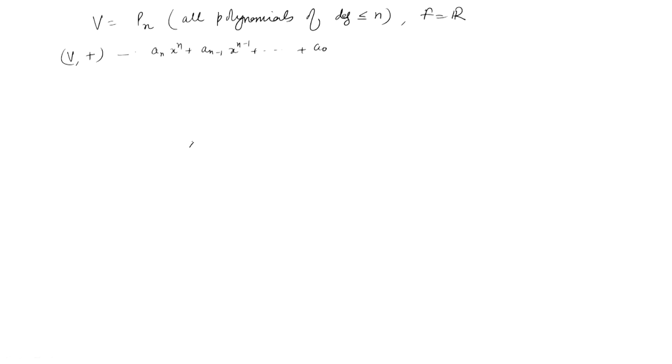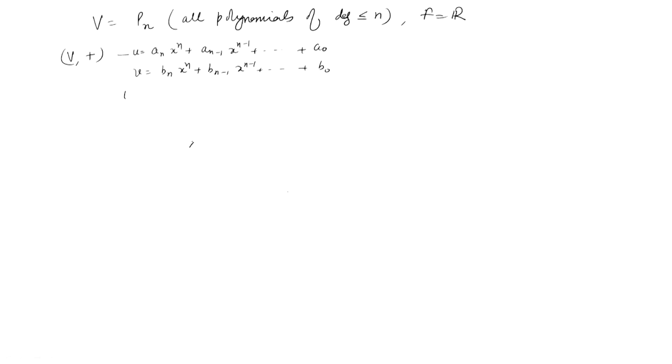This is the first polynomial, that is u, and v is, suppose, b_n x^n plus b_(n-1) x^(n-1) and so on up to b_0. These are two polynomials whose degree is less than or equal to n. It may be less than n also if the leading coefficients are 0. So, we are not putting any restrictions on the leading coefficients.